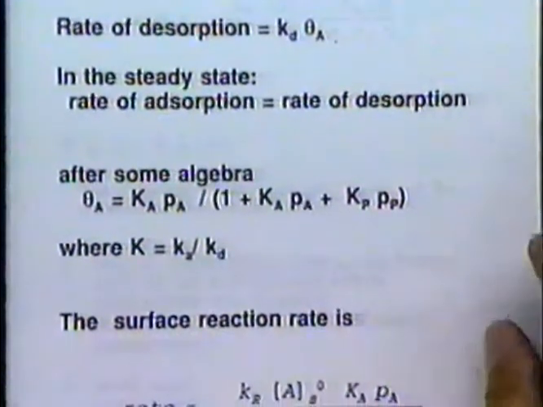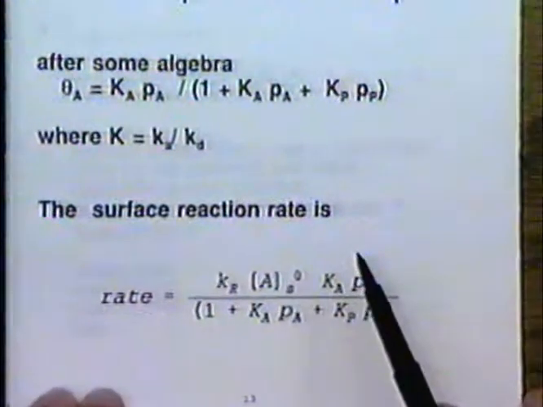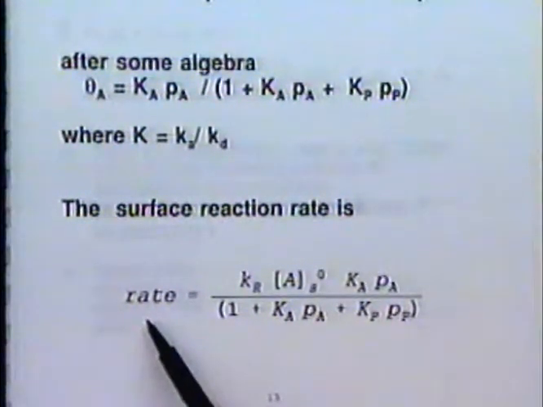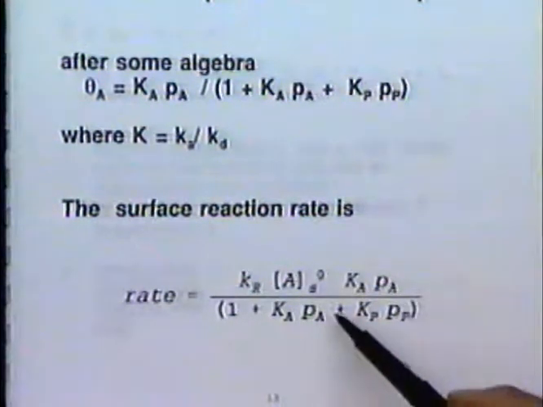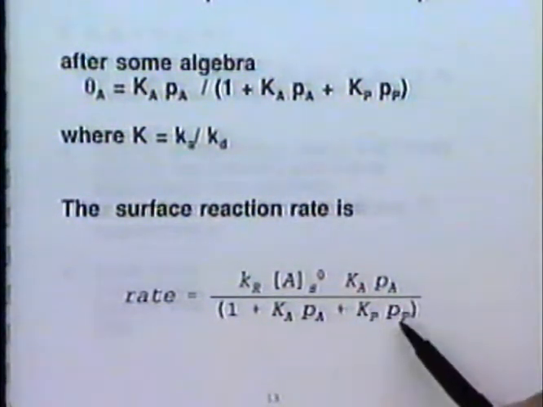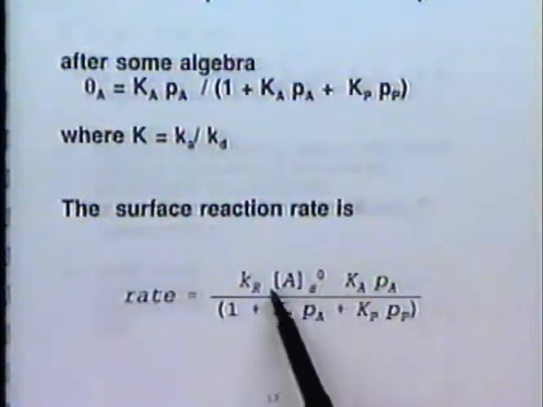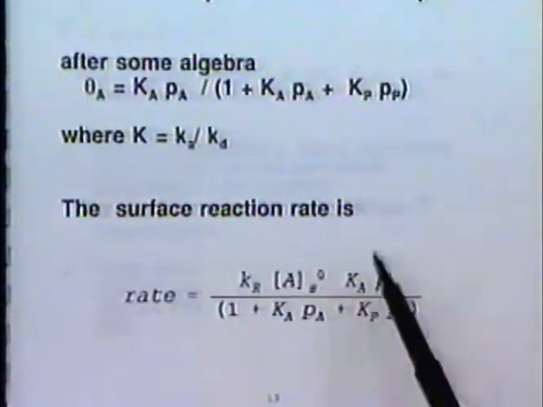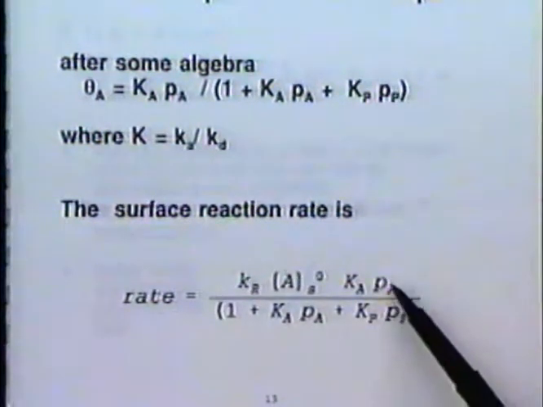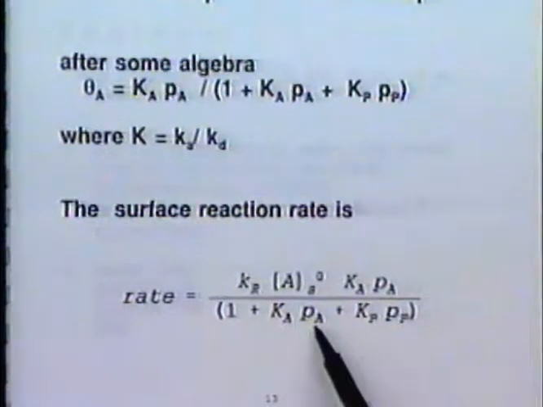Well, finally, we can write an expression for the surface reaction rate as a function of the partial pressures of reactants and products. This rate will be k_r, as we have seen before, times the maximum coverage possible on the surface times this equilibrium constant times the pressure divided by 1 plus K_A P_A plus K_P P_P.